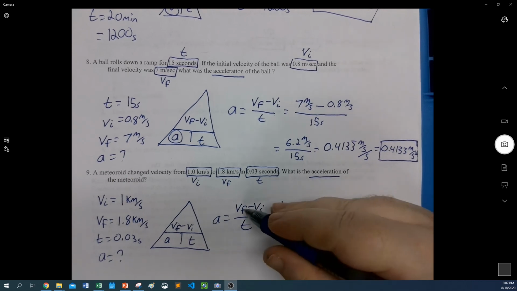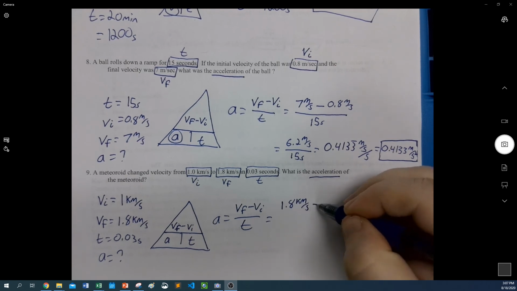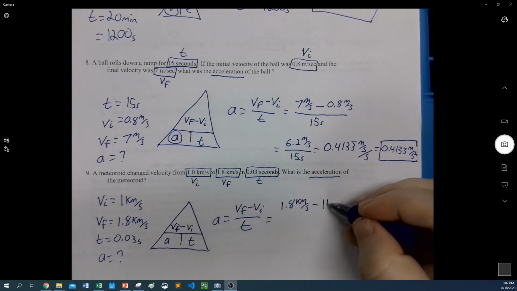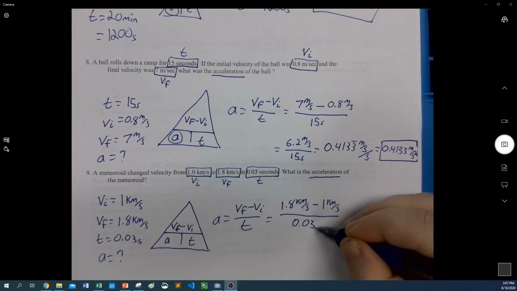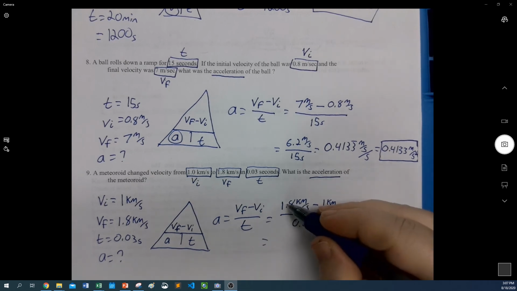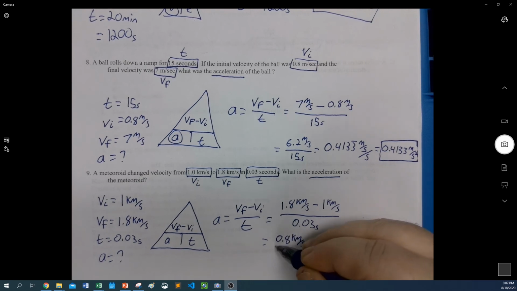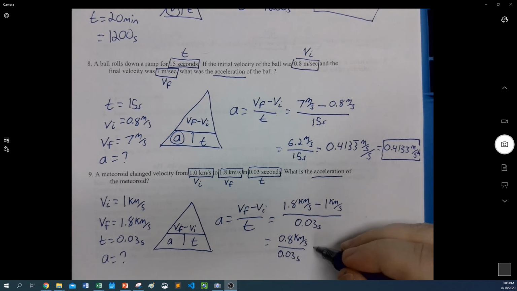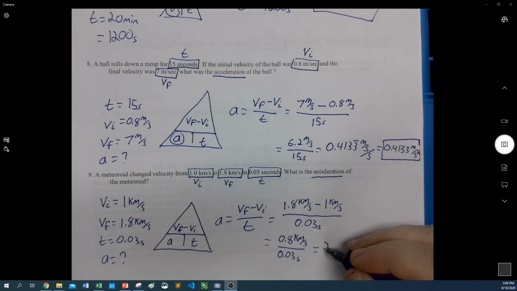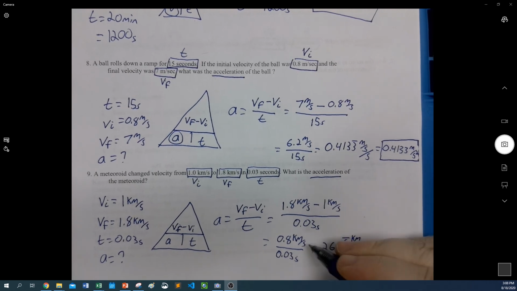So that's final is 1.8 kilometers per second minus 1 kilometer per second divided by 0.03 seconds. 1.8 minus 1 is 0.8 kilometers per second divided by 0.03 seconds. And doing that would be 26.6 repeating kilometers per second.